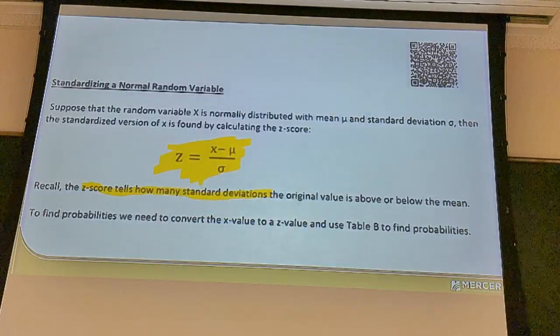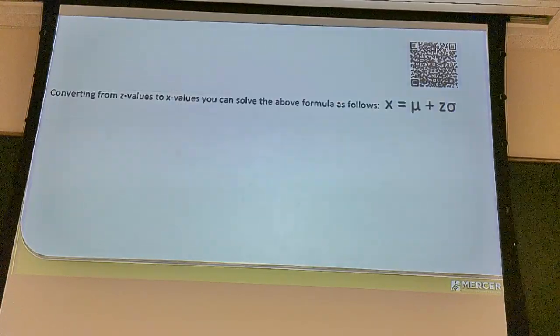We can convert backwards as well, going from a z value to an x value, because this is also used sometimes. x would just be mu plus z times sigma. Again, mu is the mean, sigma is your standard deviation.